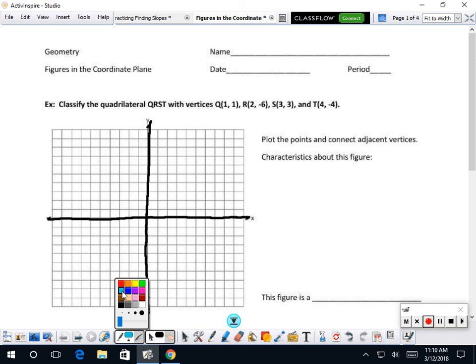Okay, so Q is at the point 1, 1. R is at 2, negative 6. S is at 3, 3. And T is at 4, negative 4.